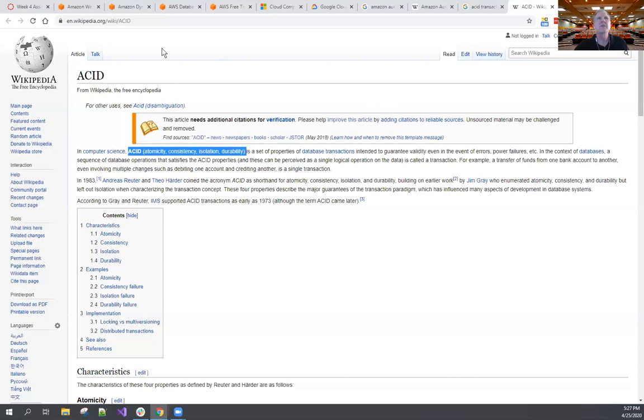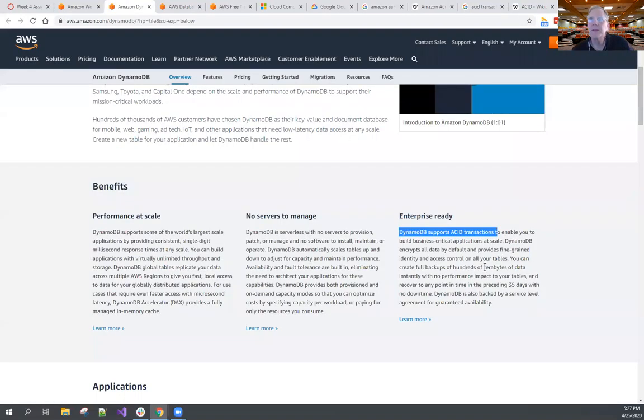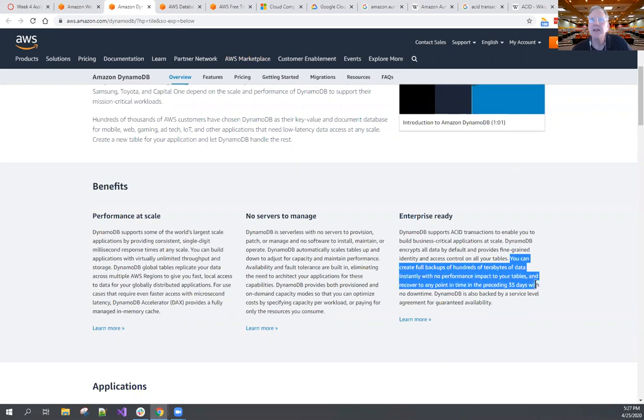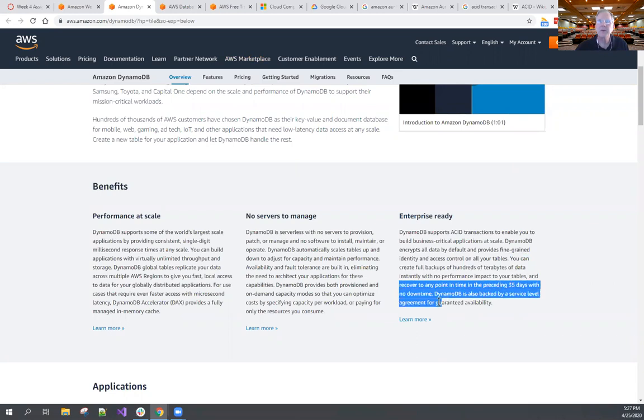It's interesting because you can create full backups of hundreds of terabytes of data, and you can literally go back in time, recover to any point in time preceding 35 days with no downtime. Now that's amazing. It's an amazing rollback that you can do anytime if some failure happens.